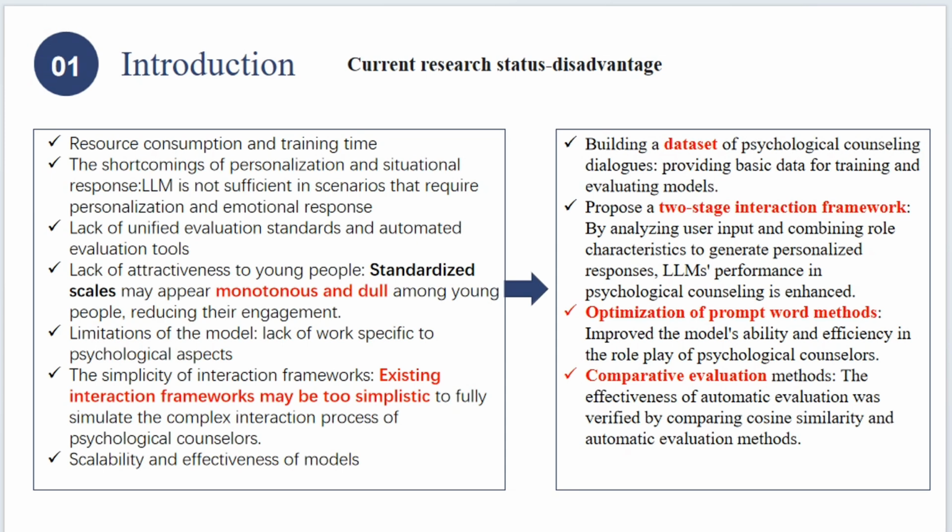To address the above issues, we are building a dataset of psychological counseling dialogues and proposing a two-stage interaction framework, which improves the model's ability and efficiency in the role play of a psychological counselor, comparing cosine similarity consistency and the automatic evaluation method.